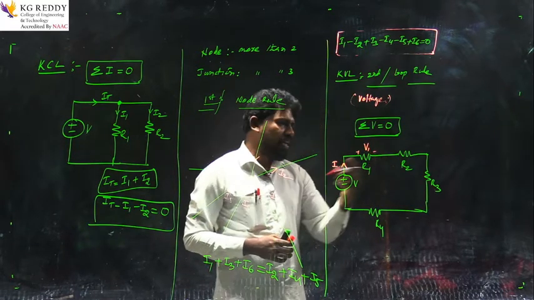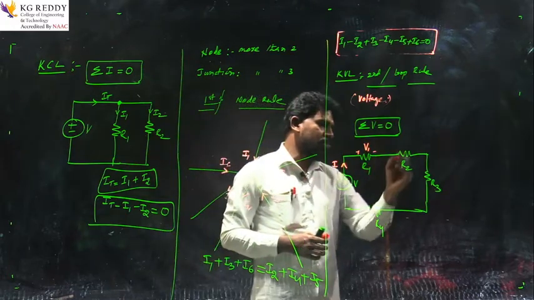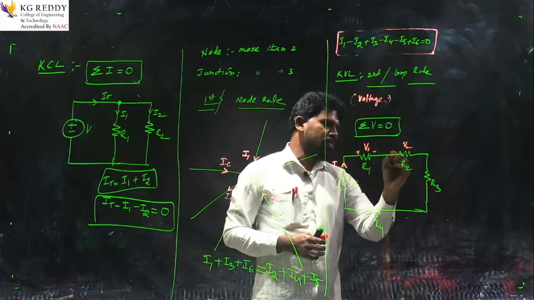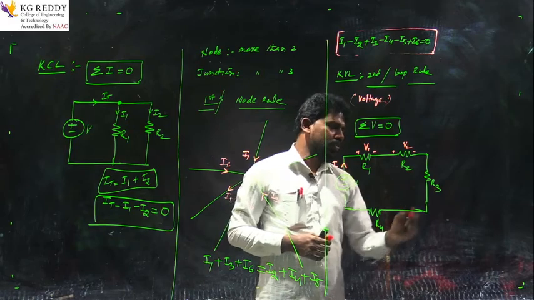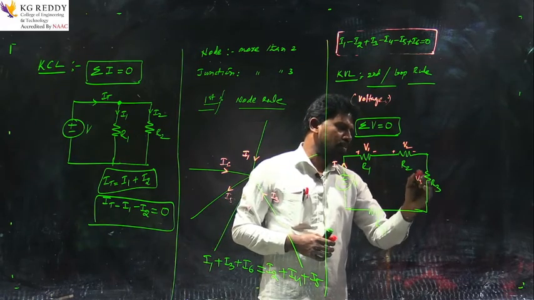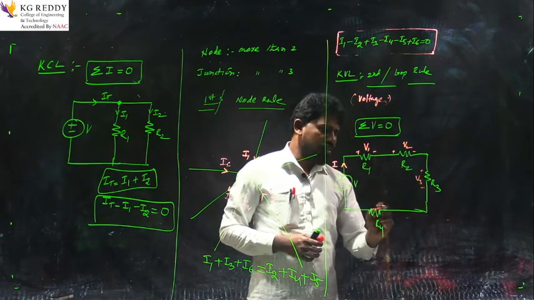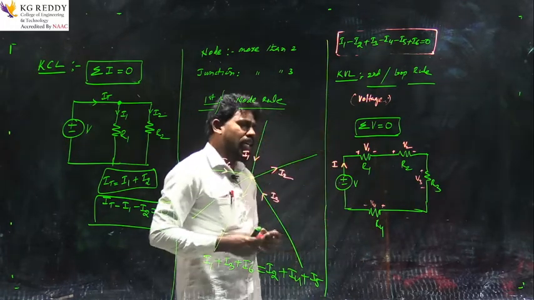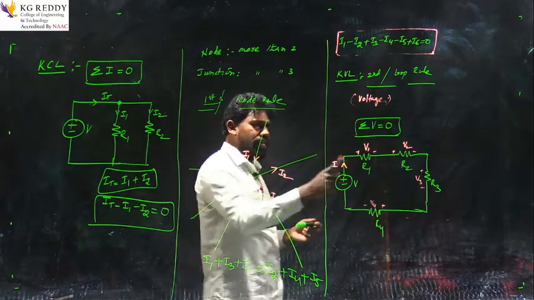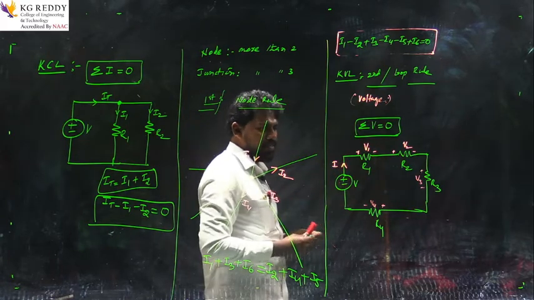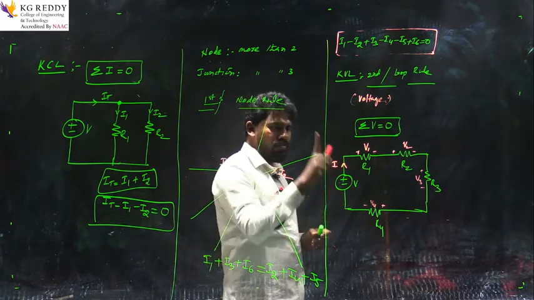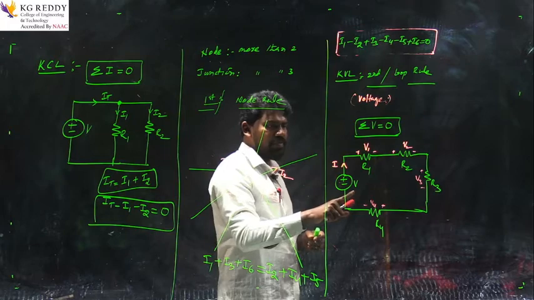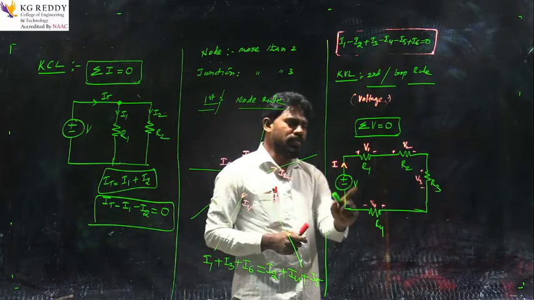Similarly, the same current passes through R2, so the voltage across it is V2, and similarly V3, and this is also V4. So finally, we got 4 voltage drops across 4 elements by applying only one voltage, V, the supply voltage.